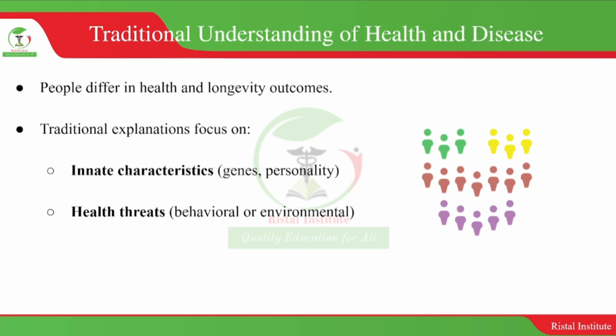So that was the view of how diseases occur in people. That someone can fall sick because of their personal characteristics, or because of the environment, or because of what they are engaged in, whether it is smoking, promiscuity or other things. Okay?